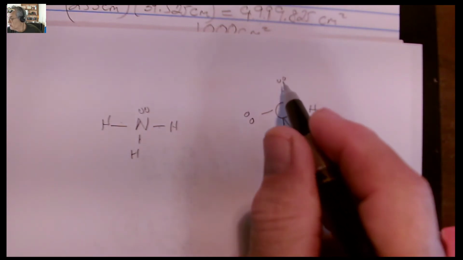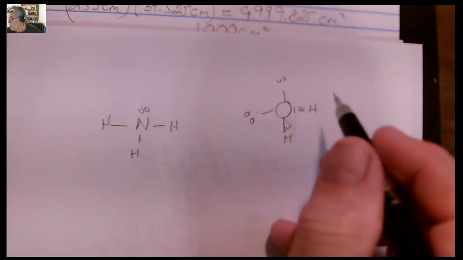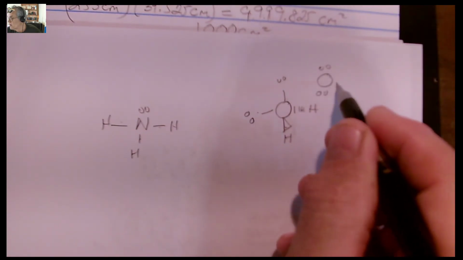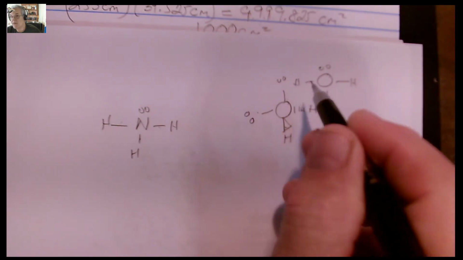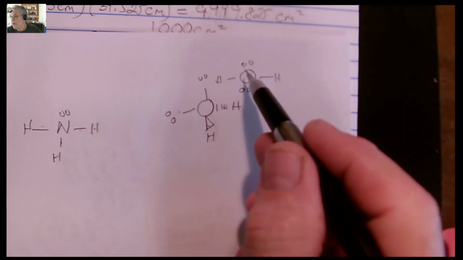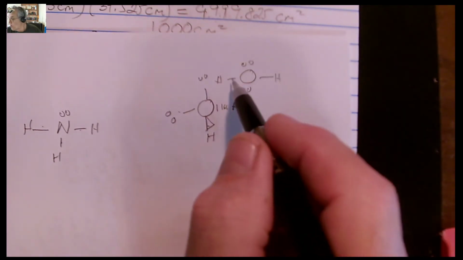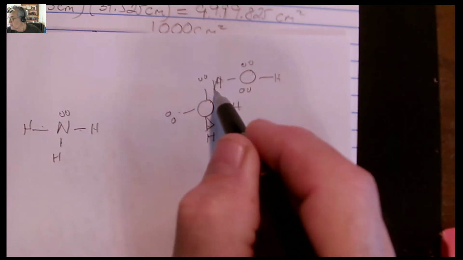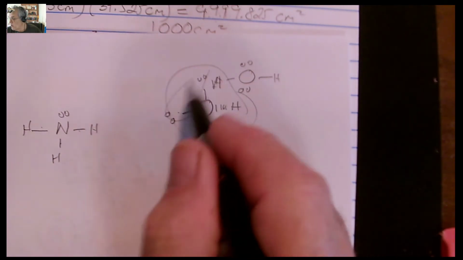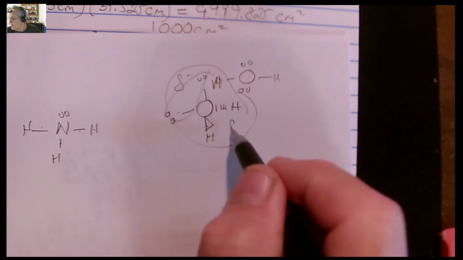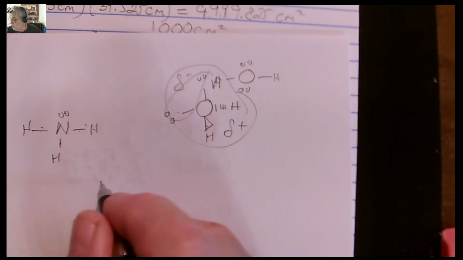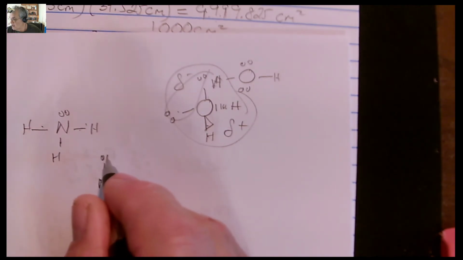It's tetrahedral because there's 1, 2, 3, 4. We drew it like this initially, but there's 4 pairs around it. If it has 4 pairs around it, 4 in your mind tells you tetrahedral. Tetrahedral means it's drawn like that. Therefore, we have this negative side and this positive side. This is also tetrahedral. Therefore, I could draw it like this.